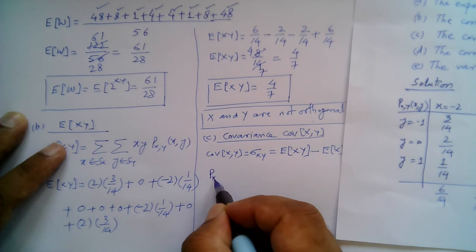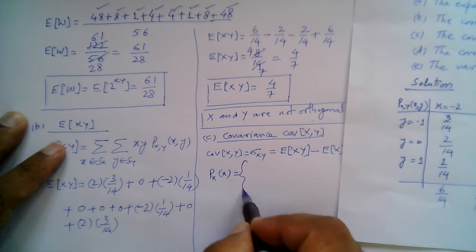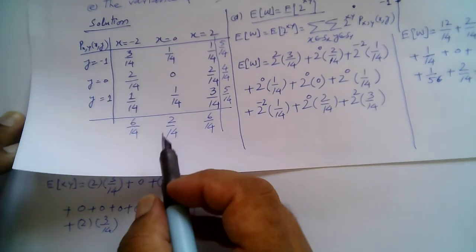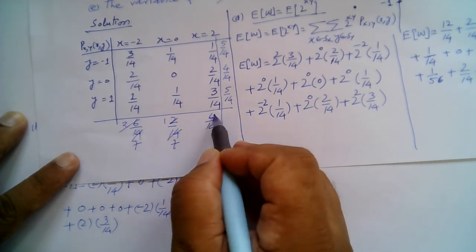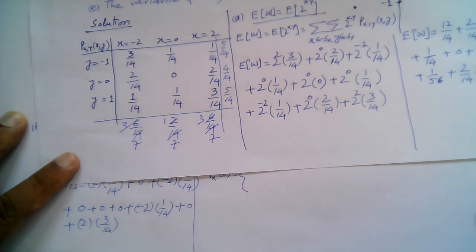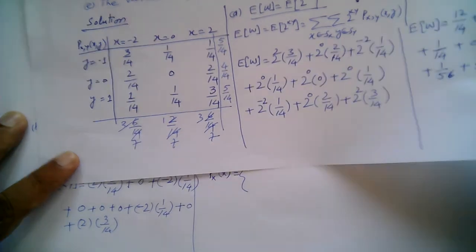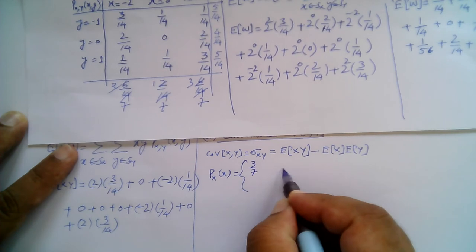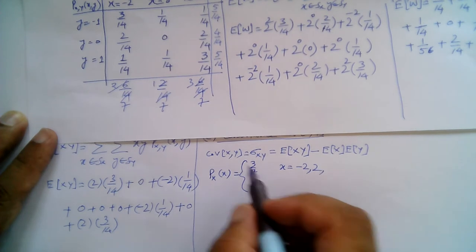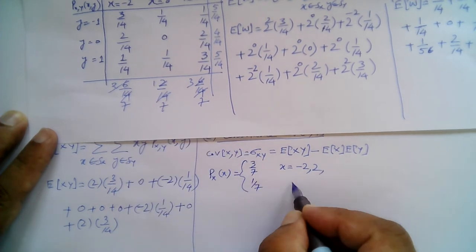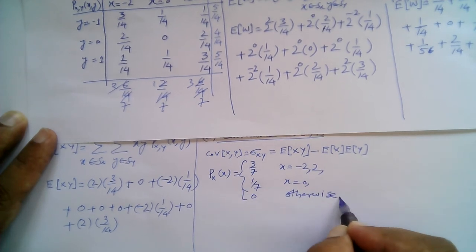So the probability model of x, marginal PM of x, is given by this. This is 3 over 7 here, this is 1 over 7 here, and this is again 3 over 7 here, right? So this is 3 over 7 when x is equal to minus 2 or 2, and this is 1 over 7 when x is equal to 0, and this is 0 otherwise.